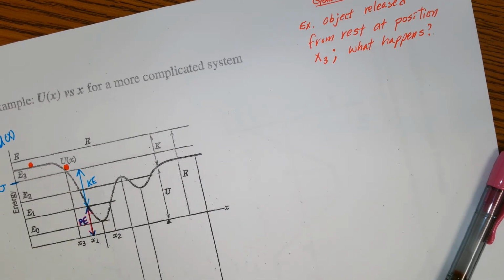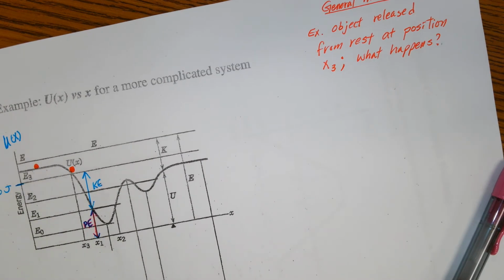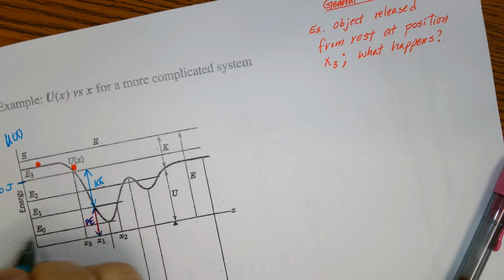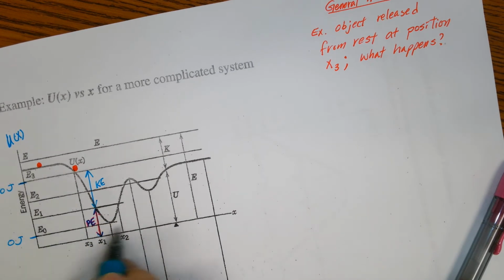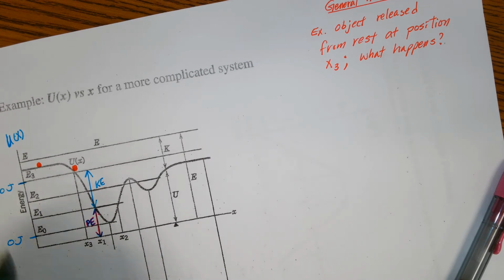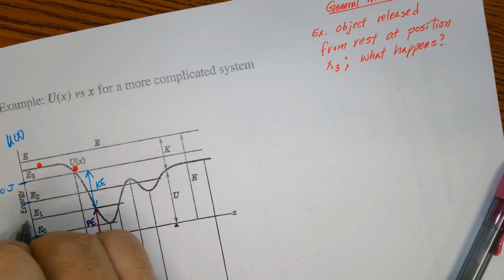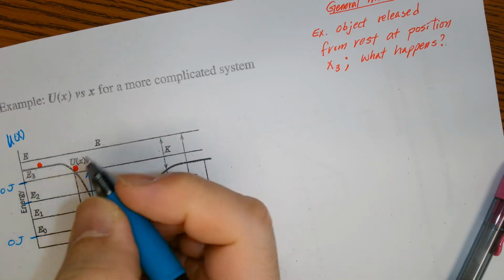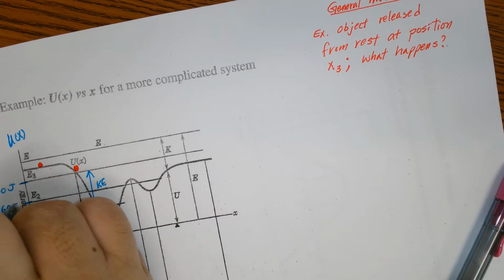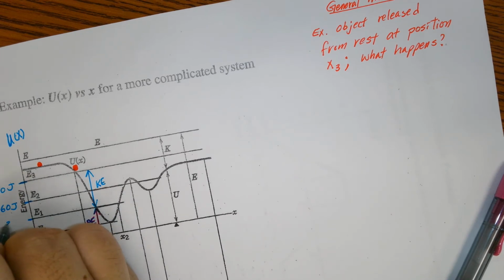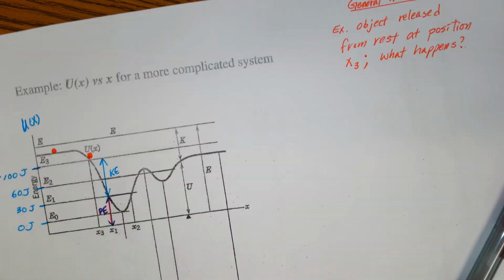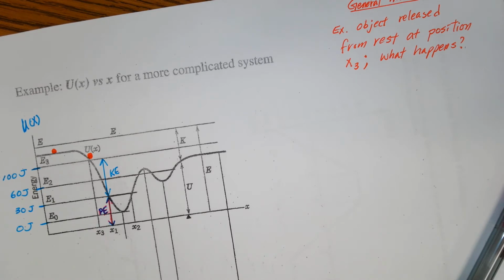Okay, and then let's make this 0 joules. This is like the ground state. Okay, and we'll make this like 60 joules or something, and make this like 30 joules, or I don't know. We're just estimating. Okay.